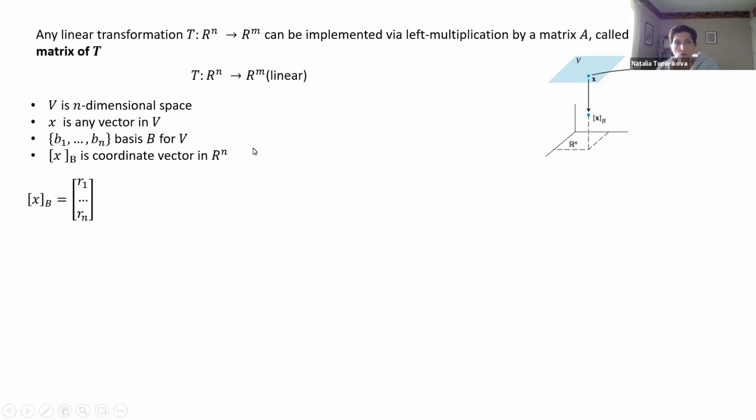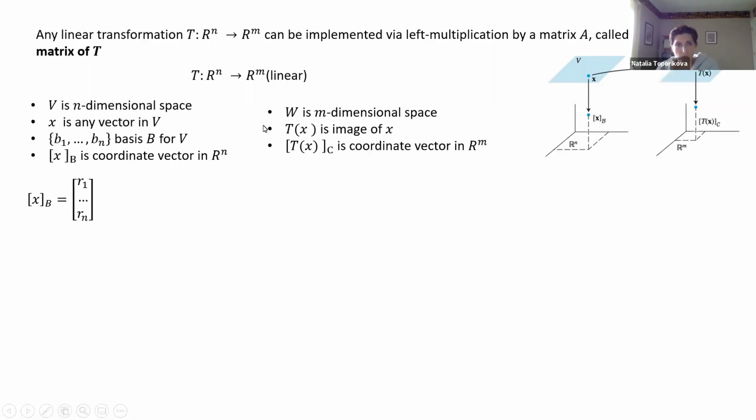Okay, so now we will apply the linear transformation and go from the space V to the space W. We will create the image of our vector x, and we'll call it T of x. And of course, again, we can always go from our space W to the similar dimensional space Rm.